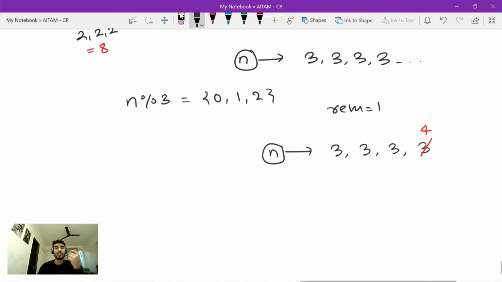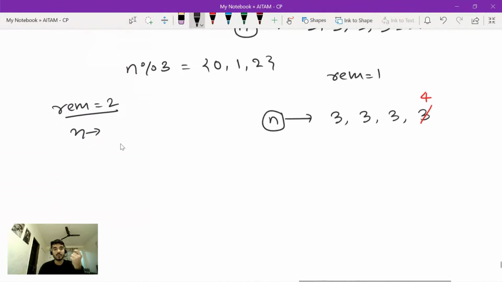Cool. But what if the remainder is equal to 2? In case the remainder is equal to 2, and I have divided this n into 4 chunks so far, so this is 3, 3, 3, and 3. In this case, where will I adjust this 2? Now I have two options.